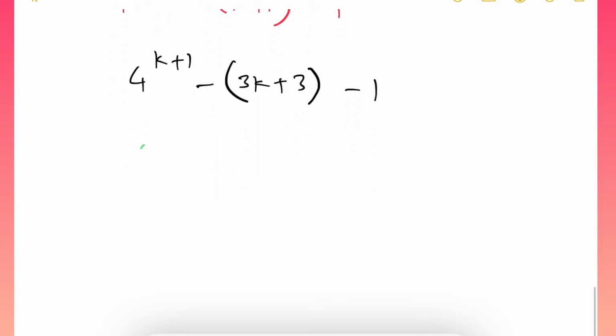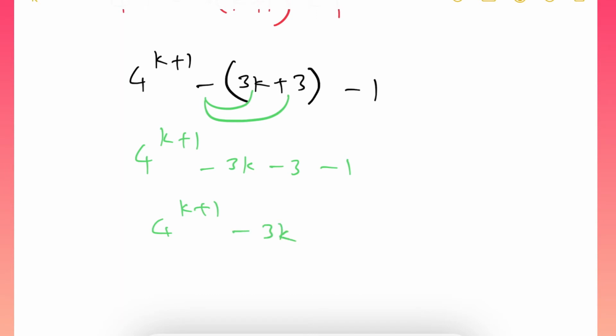So we get 4 power k plus 1 minus 3k minus 3 minus 1, it is minus 4. So this is exactly what we need to show.